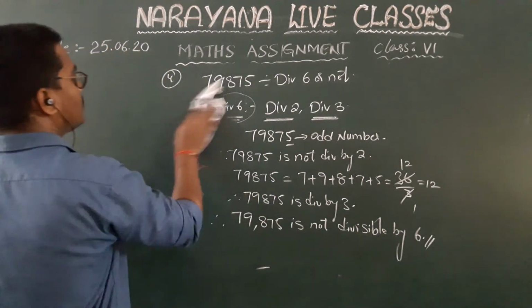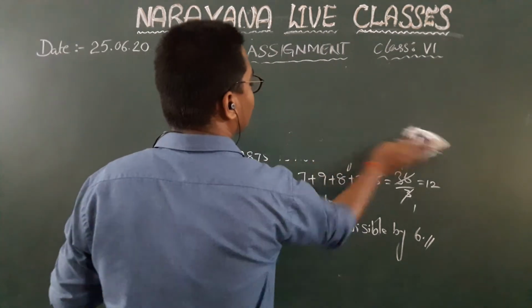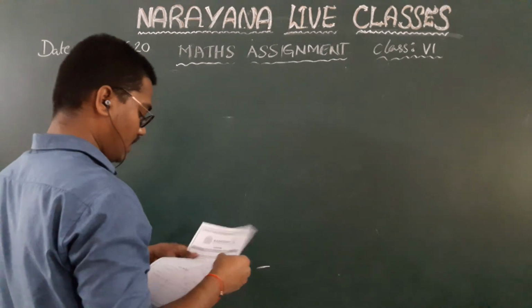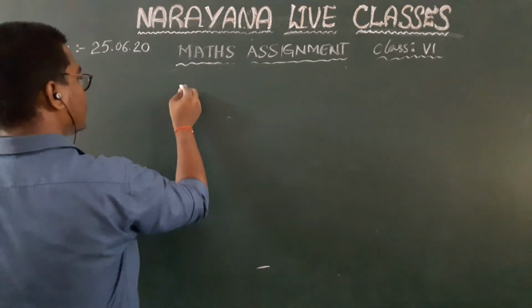Now coming to the last question for the session, the fifth one: write down the divisibility rule for 3 and 6.